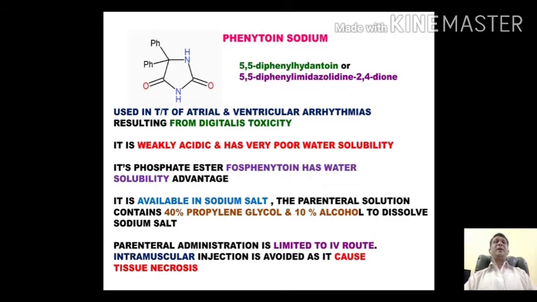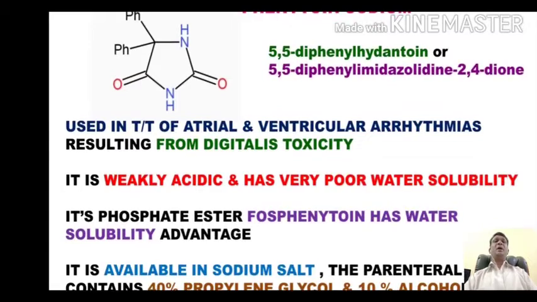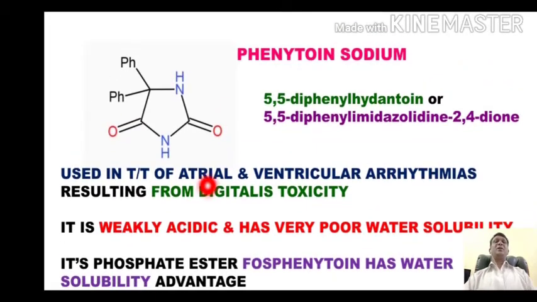Now the next drug is a very important one. It's called phenytoin sodium. We are very well aware of this particular drug as an anti-seizure drug, also called an anti-epileptic drug. Phenytoin sodium consists of this ring, which is nothing but imidazolidine 2,4-dione.